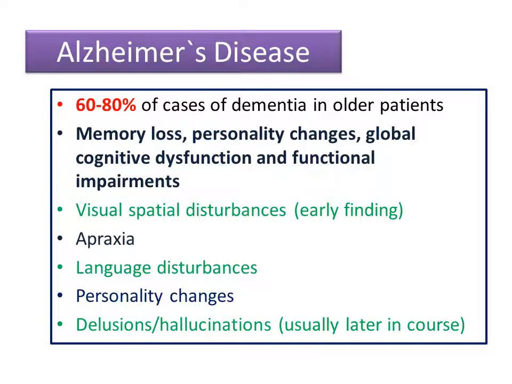We will discuss Alzheimer's disease in detail. We will start with the epidemiology. About 80% of the cases of dementia in older patients are characterized by memory loss, personality changes, global cognitive deficit, and functional impairment, socially and at the work level.